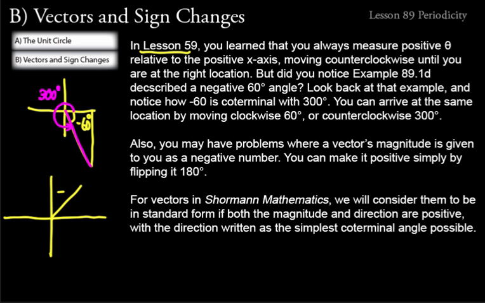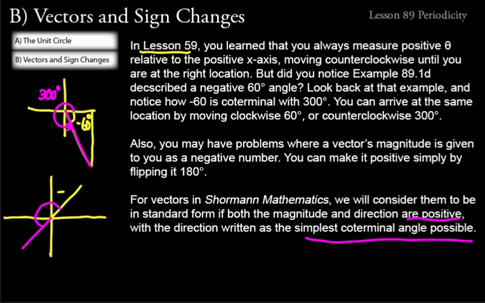You make it positive by flipping it around 180 degrees, locating it down there. So that's really where the vector would be, and that would give it a positive magnitude. For vectors in Shormann mathematics, we'll consider them to be in standard form if both the magnitude and the direction are positive, with the direction written as the simplest coterminal angle possible.